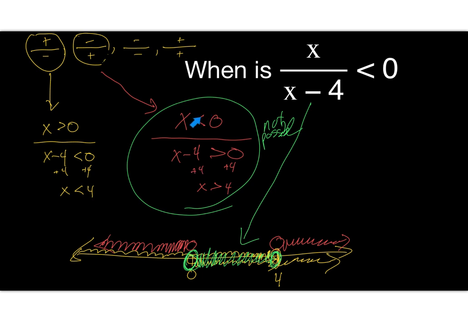I need this one to be negative and this one to be positive. In order for the top to be negative, it's here. In order for the bottom to be positive, it's here. And I can't be there at the same time with any of them. That's what makes that not possible. So the final solution is x will be greater than 0 and x is less than 4 in that zone.